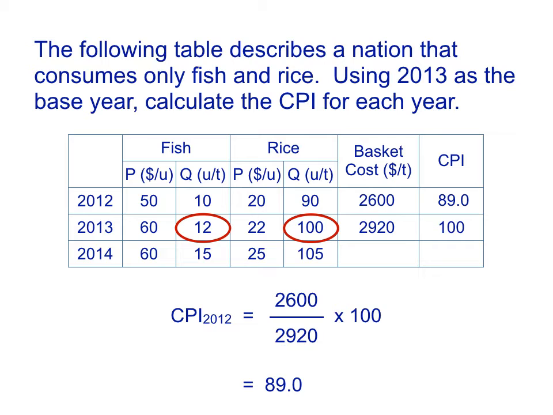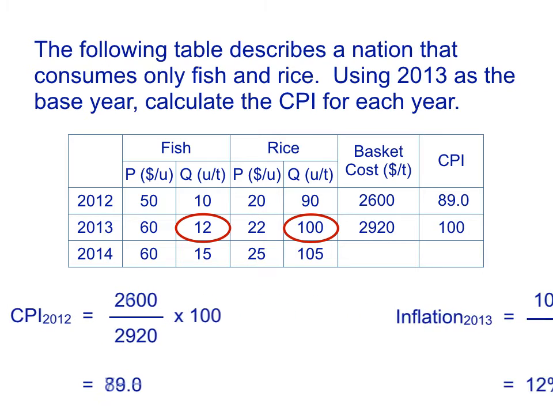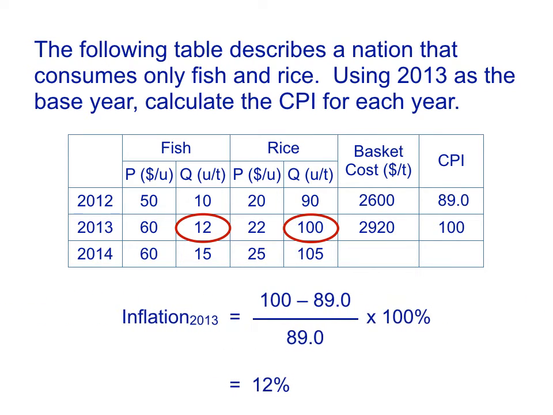Actually, before we do that, I'm going to do a quick calculation of the inflation rate for 2013. Remember, when we talk about the inflation rate for 2013, I am talking about 2013 divided by 2012. So we have 100 minus 89 divided by 89, giving me 12%.